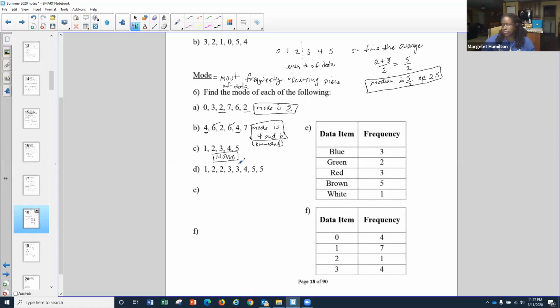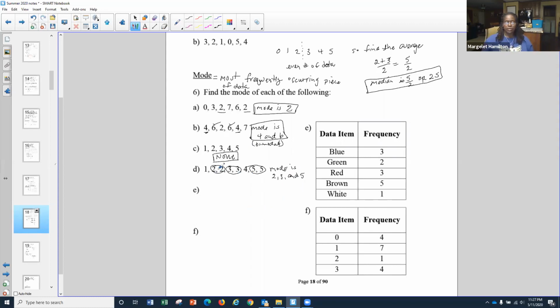Watch it now. Let's see. We have 1, 2, 2, 3, 3, 4, 5, 5. I see a lot of repeating numbers. I see some 2s, see some 3s, see some 5s. Looks like we got a lot of things going on here. So our mode is 2, 3, and 5.